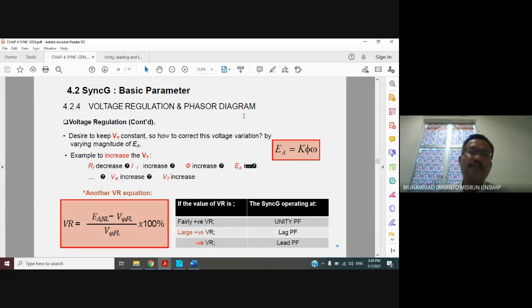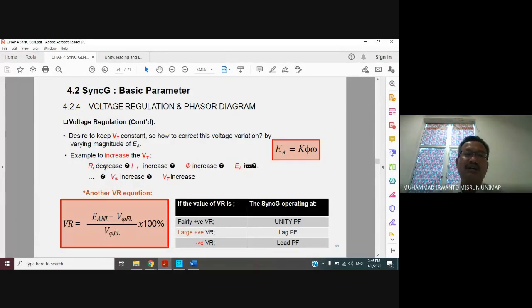Now, for this case, if the terminal voltage increases, suddenly the load decreases. When the load decreases, the voltage increases.